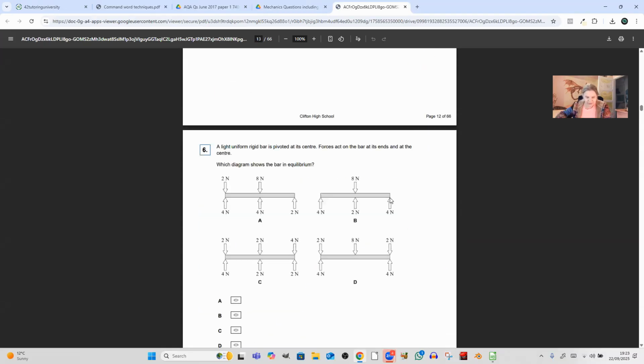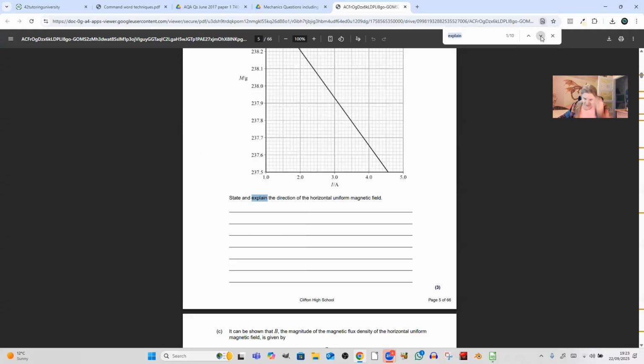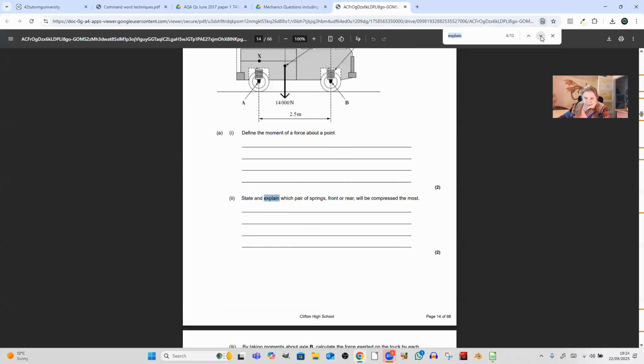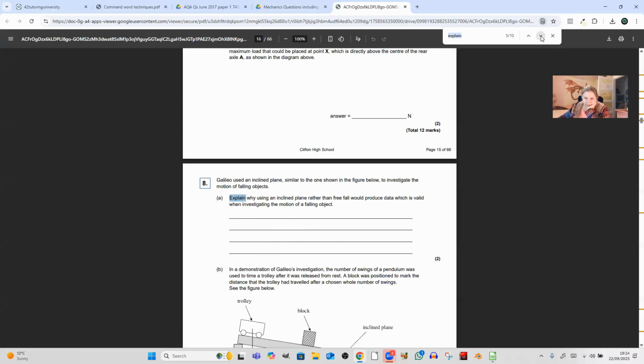I'll tell you what, let's do a control F and put in explain. And look, there's 10 occasions. State and explain the horizontal, no, that's a magnetic field. Explain what a student could do to find K. Oh no, magnetic fields, that's too much. State and explain, or explain why.